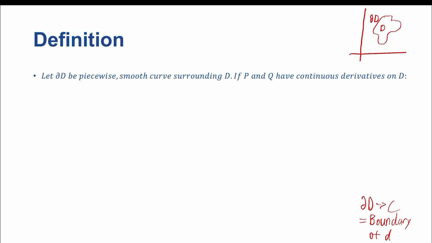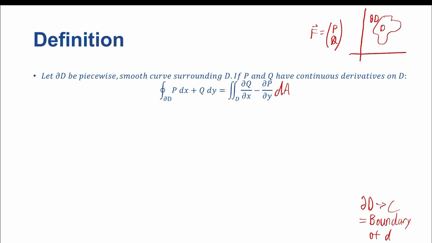So consider some vector function f that is equal to P as the x component and Q as the y component, and these are both functions of x and y. Then we can say that the contour integral around the domain D of P dx plus Q dy is equal to the double integral over the domain of the cross derivative difference, so partial Q over partial x minus partial P over partial y.